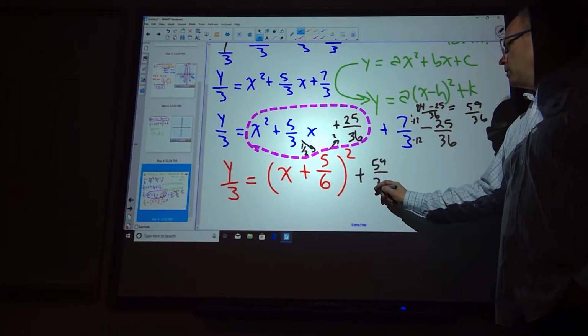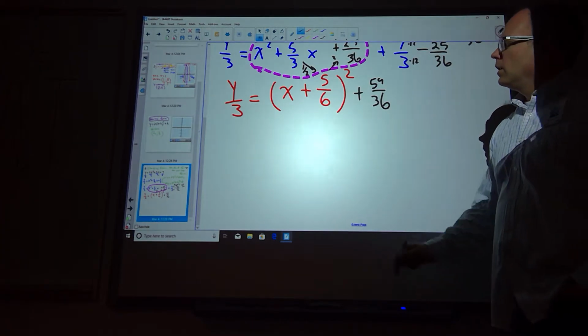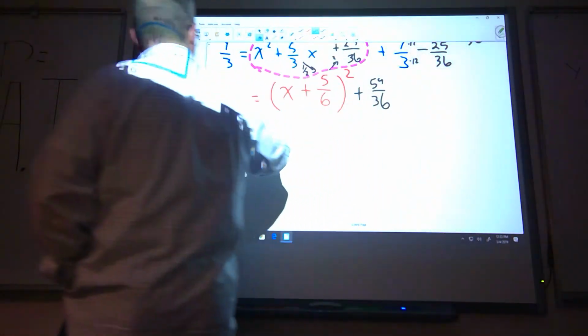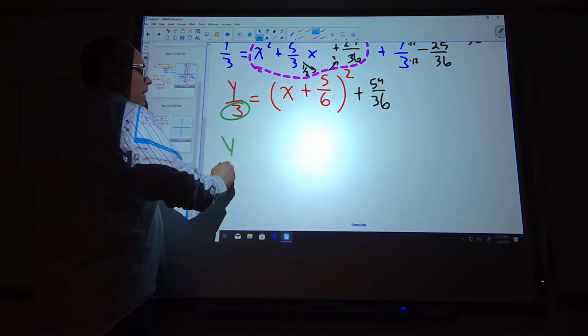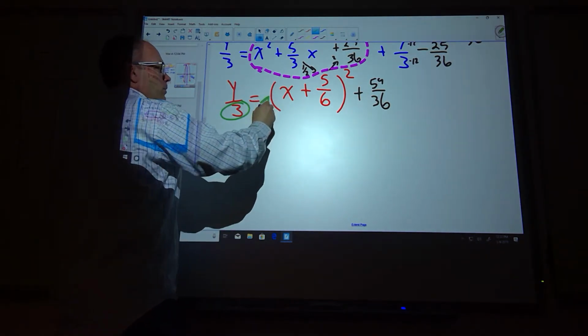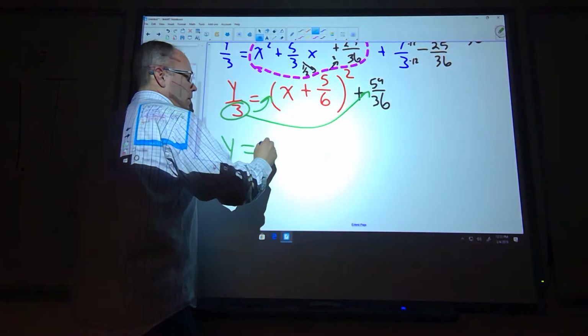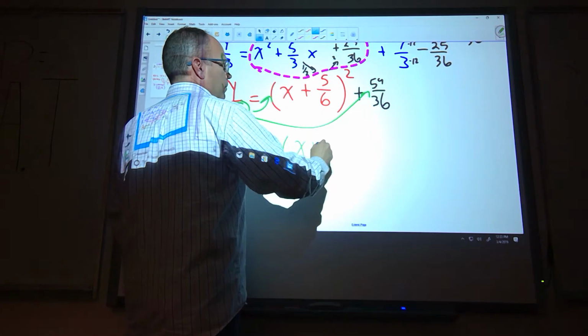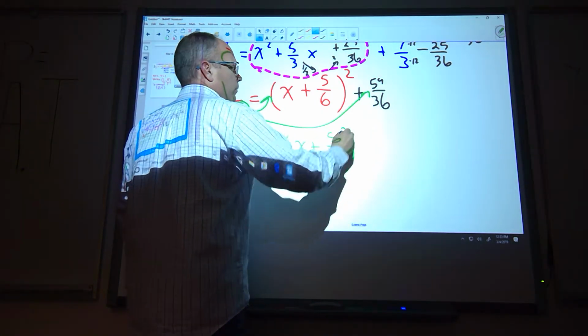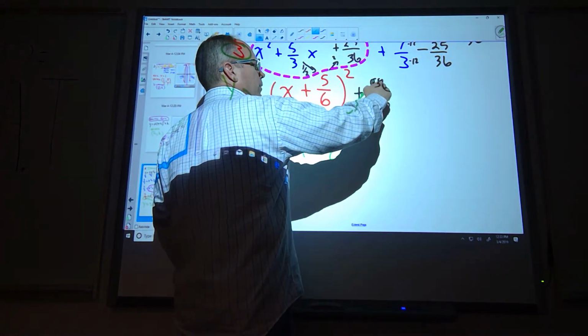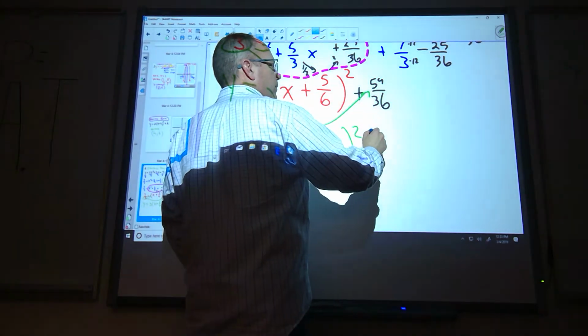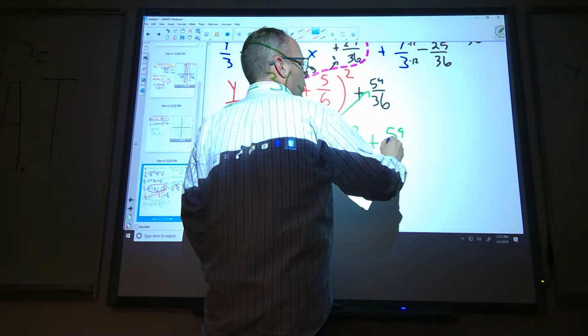Almost done. Remember this 3 right here? I'm going to multiply it to all of my terms. It comes here and it comes here. If I multiply this by 3, I can just divide that by 3. I get 59 twelfths.